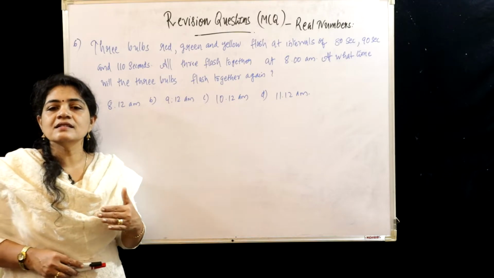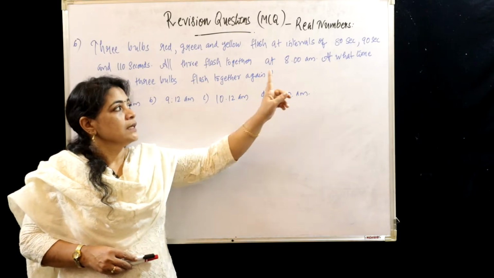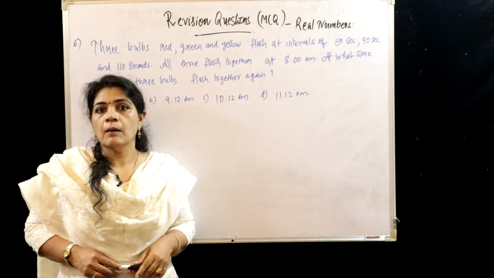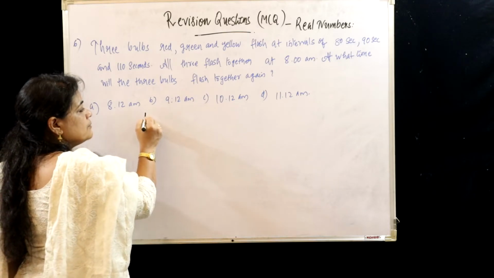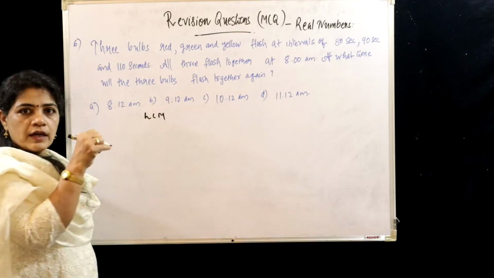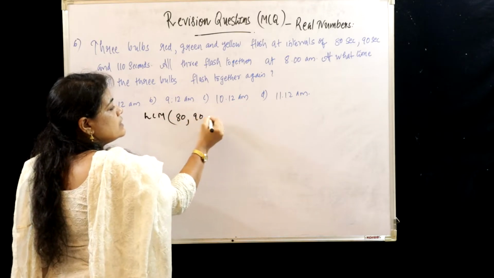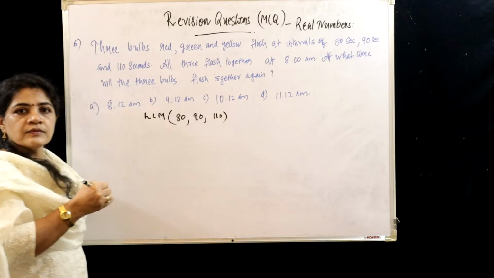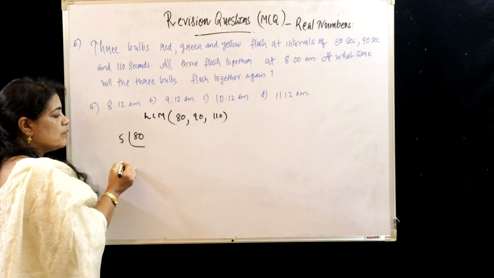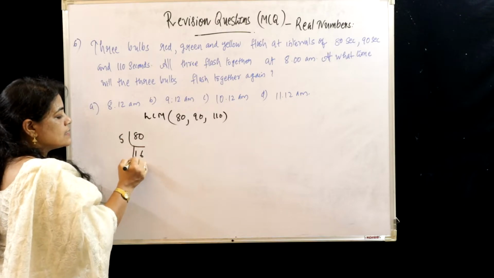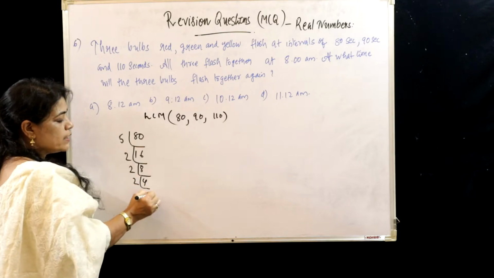In order to solve this type of question, children, first of all, you find the LCM of the given numbers. That means we have to find the LCM of 80, 90 and 110, which gives the required time. Let us do it by the prime factorization method. 80, start with 5: that is 16, then 2, 8, 2, 4, 2 and 2.